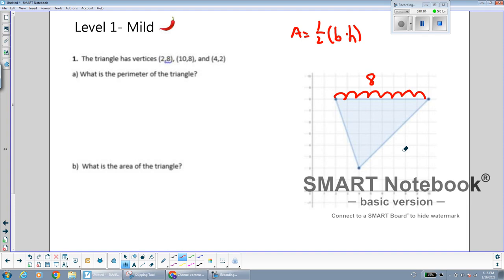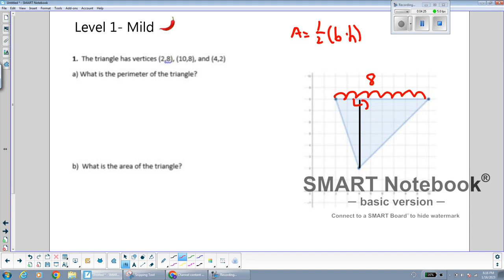You can think of height as the altitude, and that's a perpendicular line through the opposite vertex. So the opposite vertex to the base would be here, and a perpendicular line straight down would be right here. So this would be the altitude or the height of the triangle, from the very top to the very bottom of the triangle.